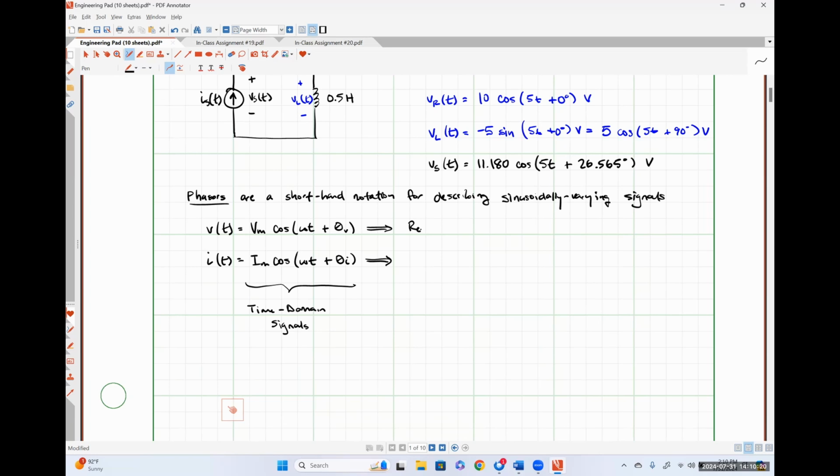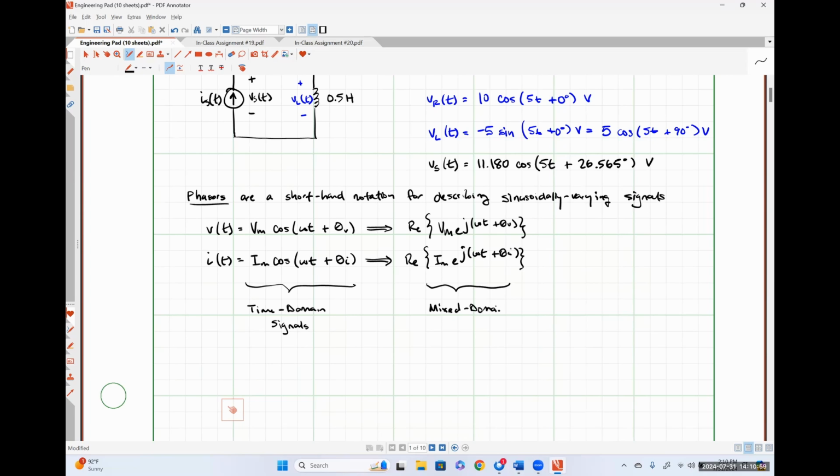So this voltage would be the real part of a complex signal Vm e to the j (omega t plus theta v). And similarly, this current would be the real part of a complex current waveform, Im e to the j (omega t plus theta i). And I'm going to call these complex signals mixed domain signals.